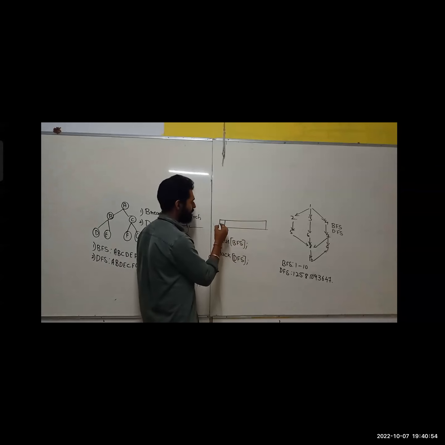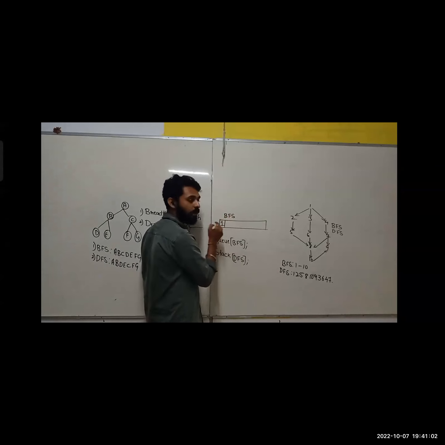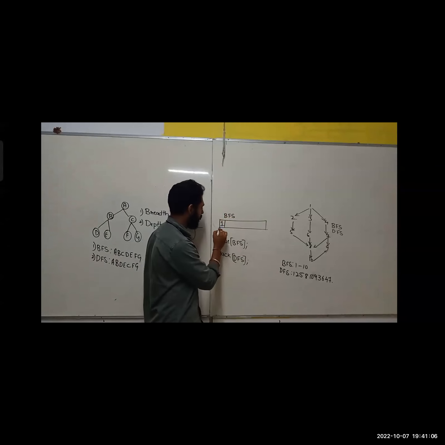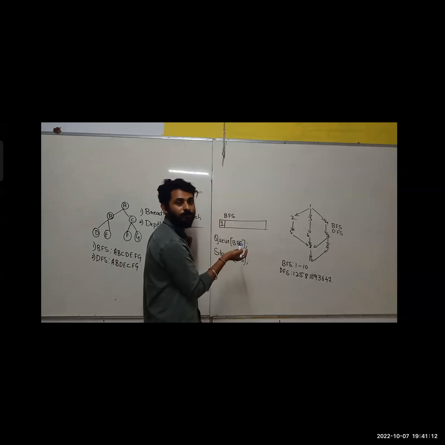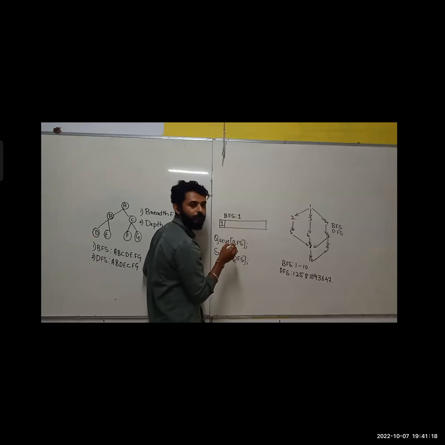First, consider one node. BFS is this one, right? First, whatever node you have, you have inserted, enqueued. You have added it to the queue, right? Now dequeue the front. Dequeue means remove the front, and you attach it to BFS.